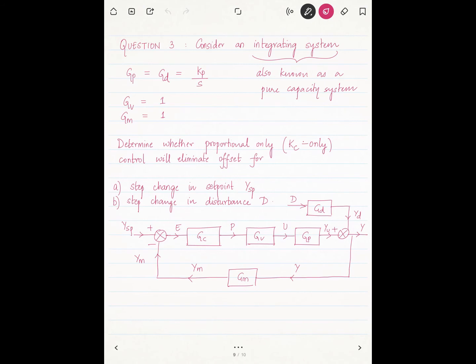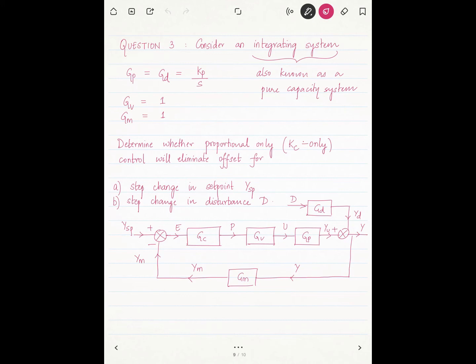Now let us proceed to question 3, the final question in the seminar. In this question, we are given an integrating system, also known as a pure capacity system. And the system is represented by Kp over s, and so is the disturbance in this case. We are given Gv equals 1 and Gm equals 1.